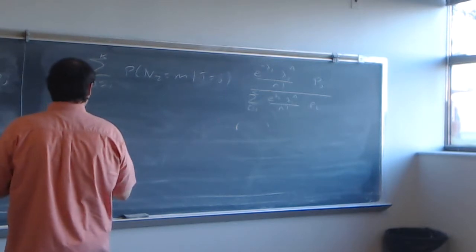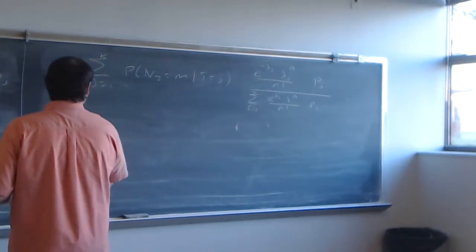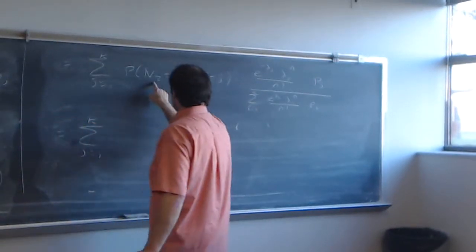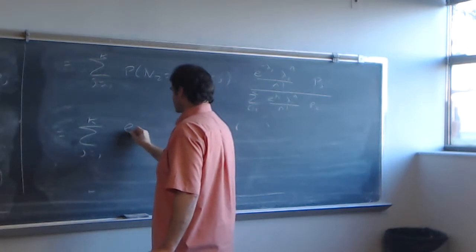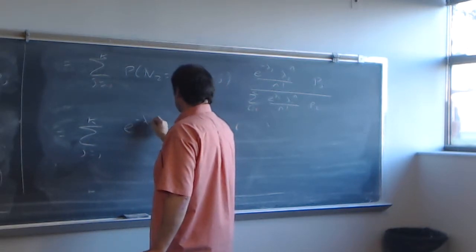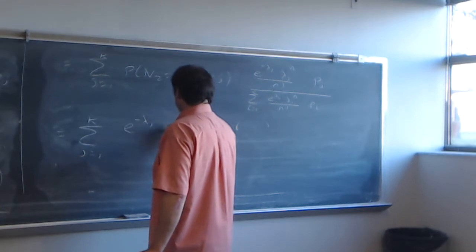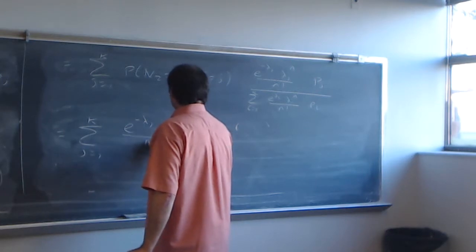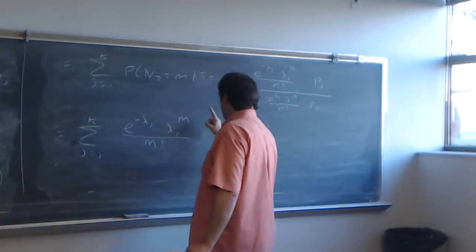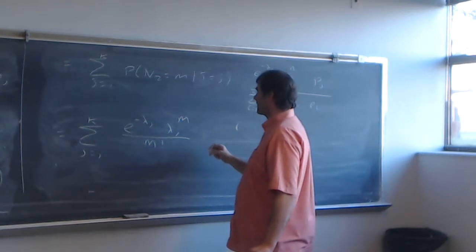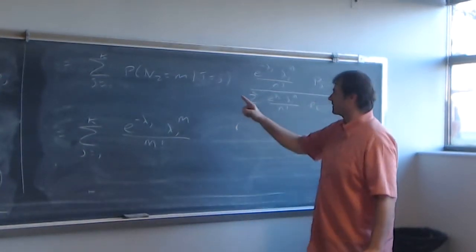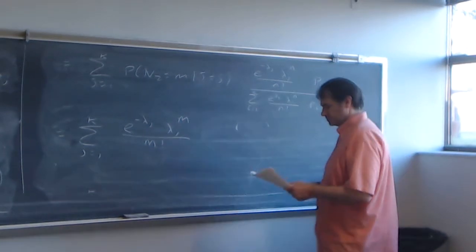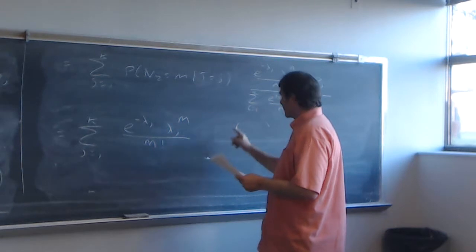Now, this right here we can simplify. So it's a sum as j runs from 1 to k. We write down a form for this. So n sub 2 is going to be Poisson distributed. So it's e to the minus lambda sub j, lambda sub j to the m, all over m factorial, times, so given it's T equals j, that's what we have for that. Times the rest of this.